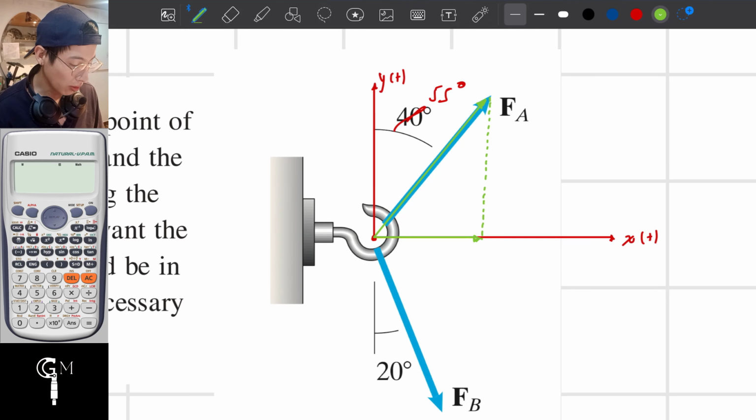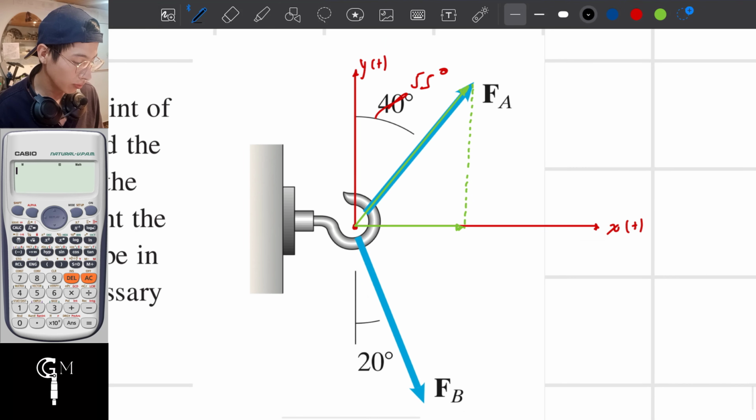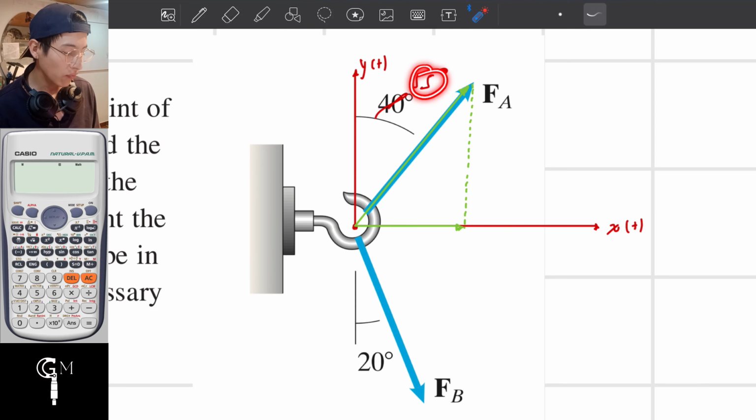This angle is equal to 55 degrees. So right here I have a right triangle, which means that I have a 90 degrees angle, which means that this angle is equal to 90 minus 55, which is equal to 35.